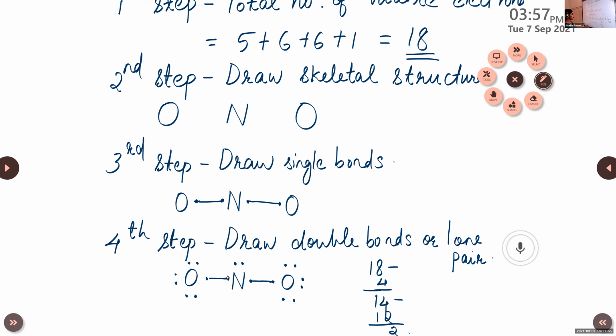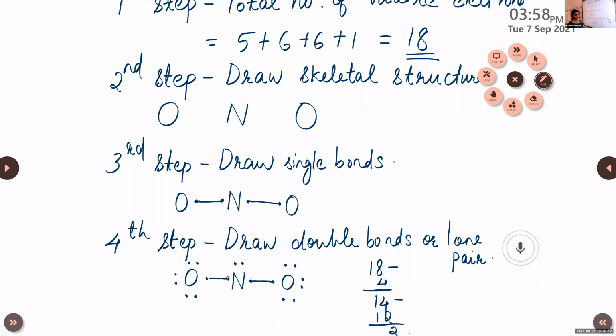Then you can count the total number of valence electrons present in the nitrogen atom. Tell me, what is the number of valence electrons in the nitrogen atom? Is it 8? Tell me. Anyone? Malavika, can you tell me?